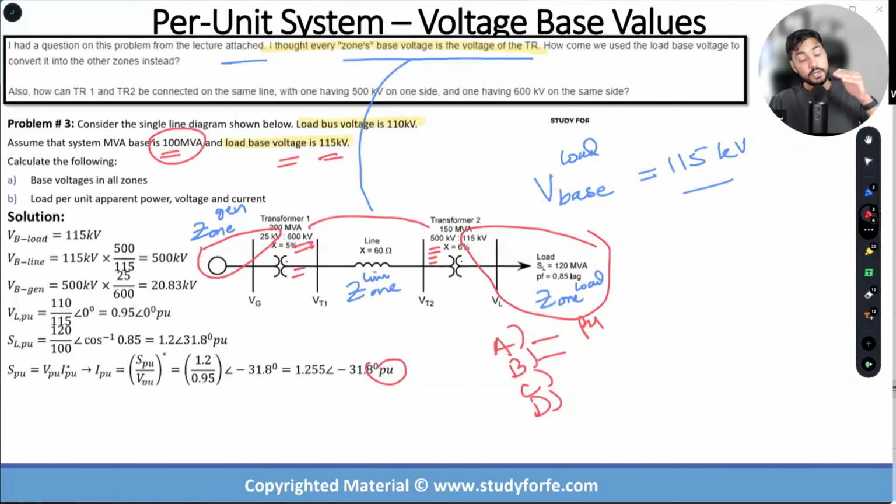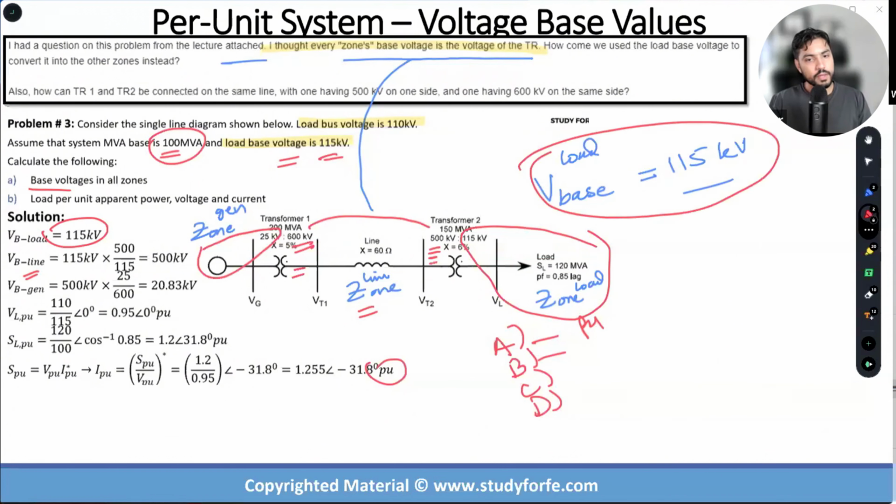And if you look at this particular problem that I selected, I was actually specifically asking you to calculate the base voltages for each zone. So you fix this guy and you figure out the base voltage in the line, correct? So this is fixed as 115 kV.